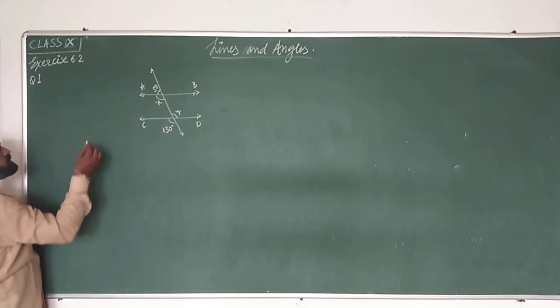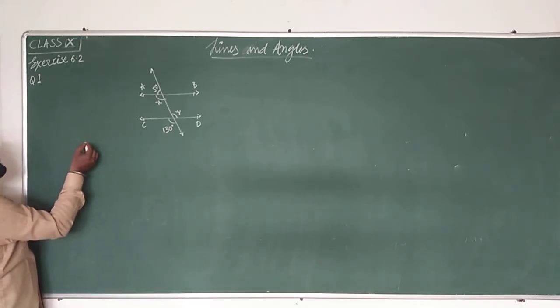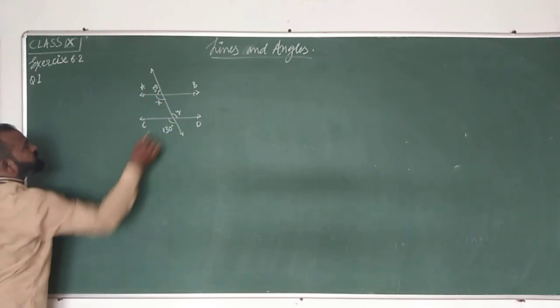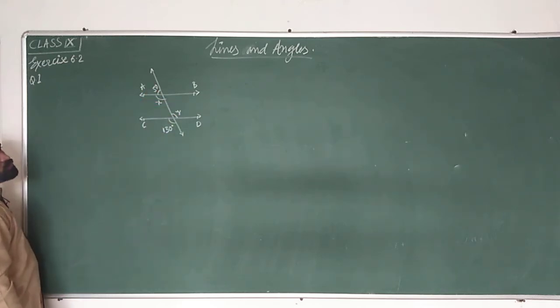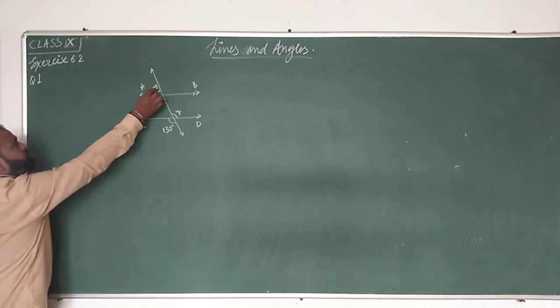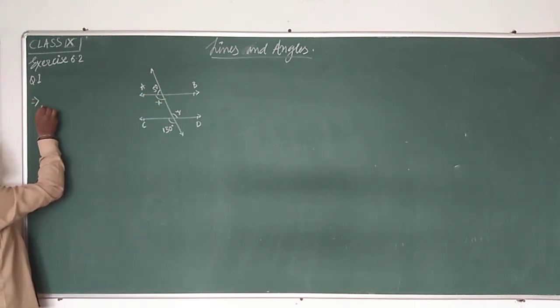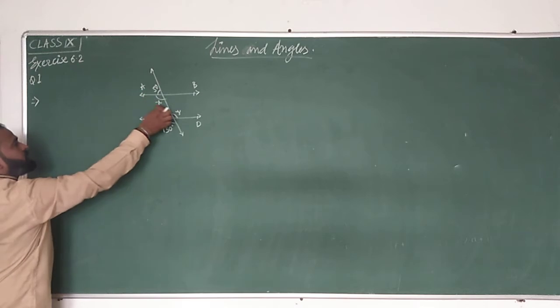So let us start. We have to find x and we have to find y. Let me know what is the relationship between angle 50 and angle x. They form a linear pair.